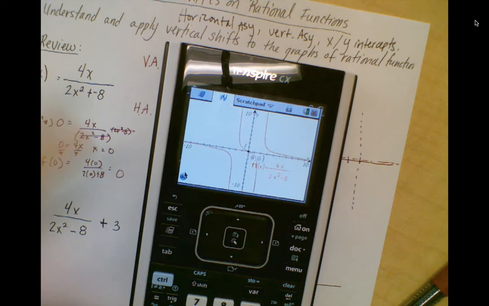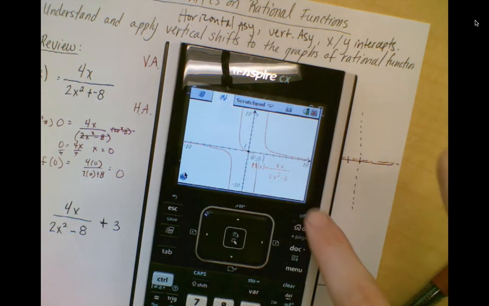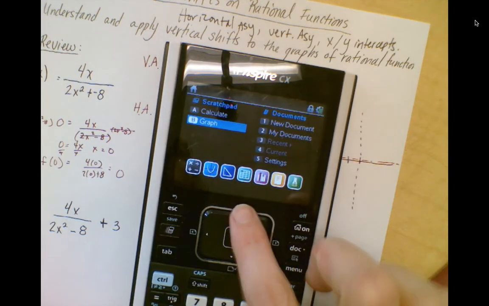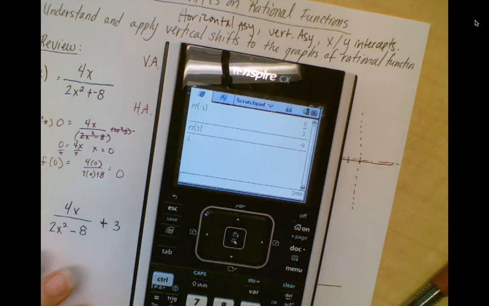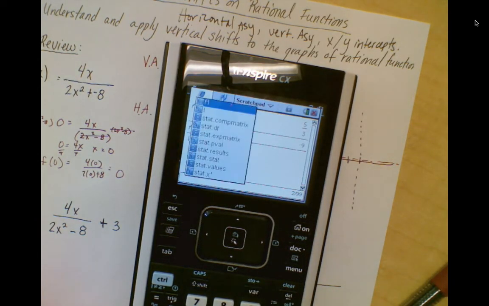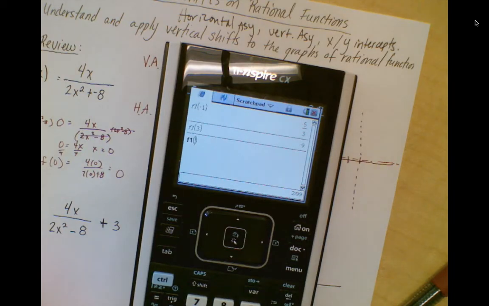So it graphs the rational function. That's nice, but if it didn't graph it for us, we could go to our home screen and calculate. So I'm going to do variable F1, and I want to go 2.001. So that's a really big number.